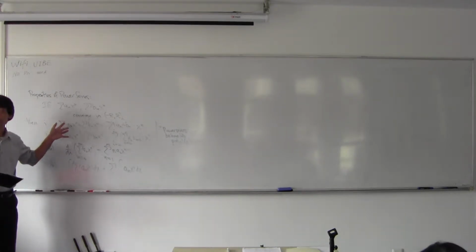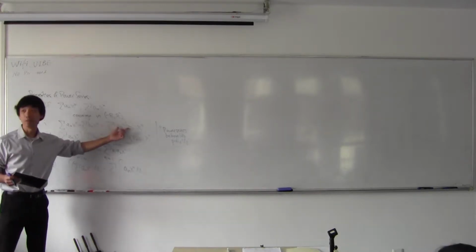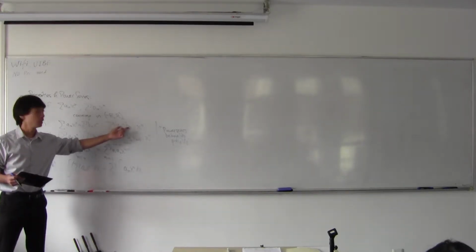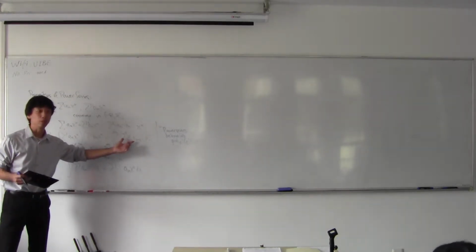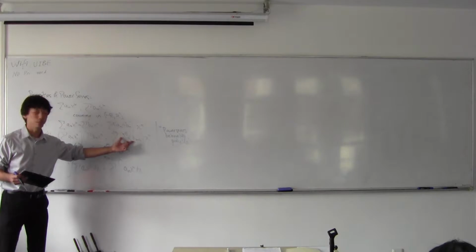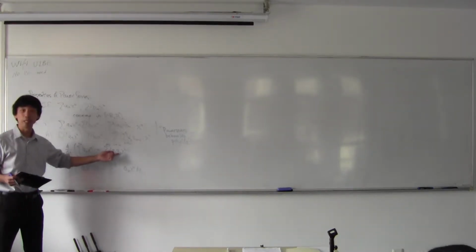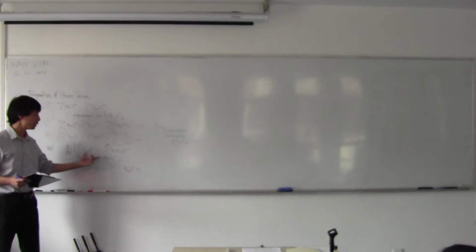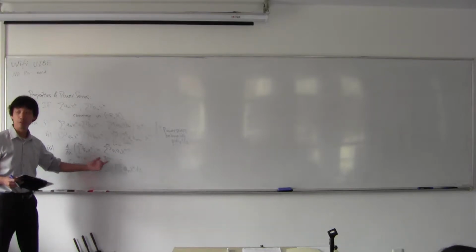Even though it's an infinite sum, you can just add the terms, and you can multiply the terms like you would multiply polynomials. If you're differentiating a polynomial, you can do it term by term. Same thing here. If you're integrating a polynomial, you can do it term by term.